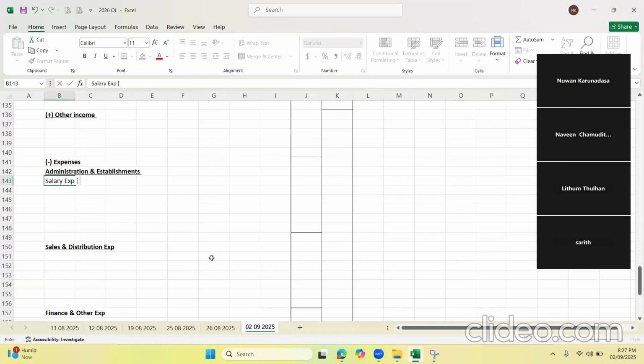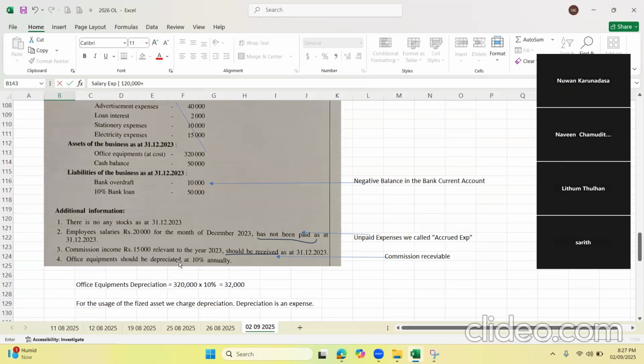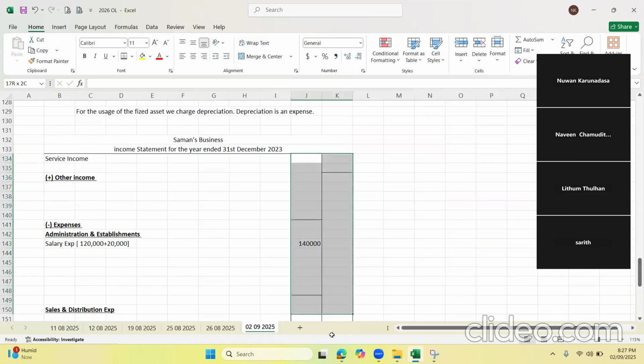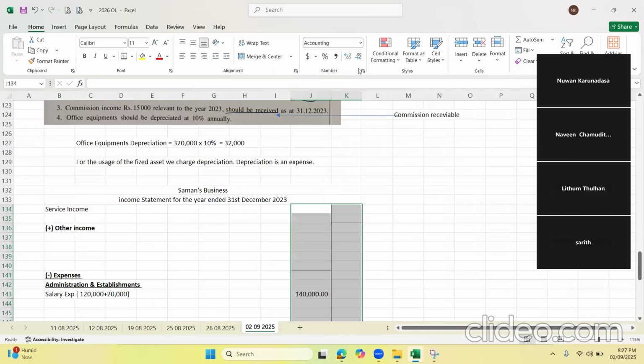See the way I am calculating the salary expense under administration. The paid amount is 120,000 plus the unpaid amount of 20,000. Even though you haven't paid that, it has already been incurred, so that is an expense and you must take it here. Then the salary expense together will be 140,000. If any expense has not been paid, you must add it here.